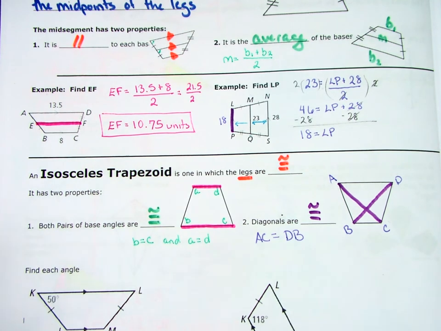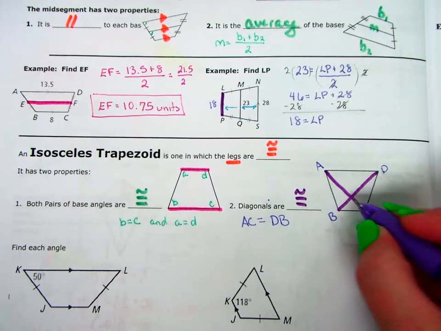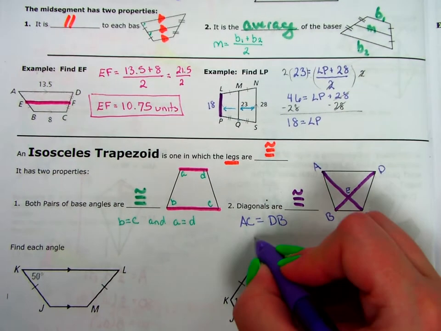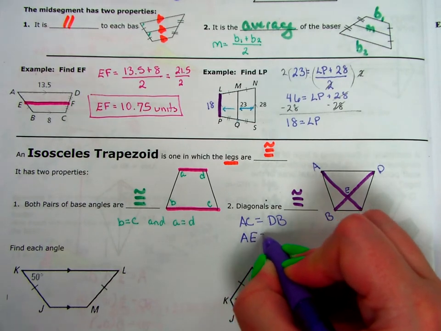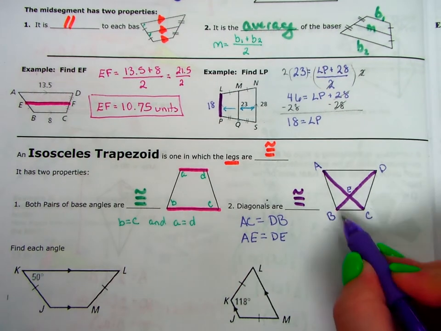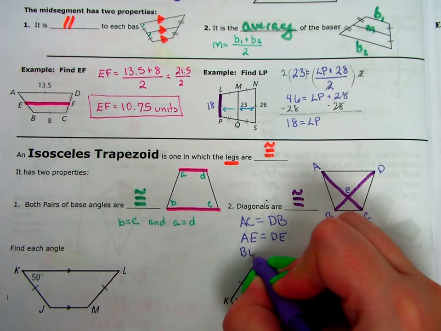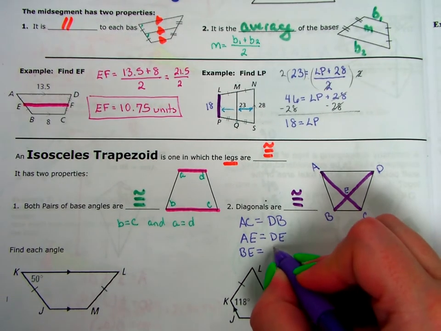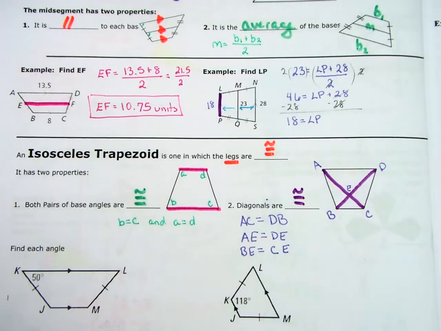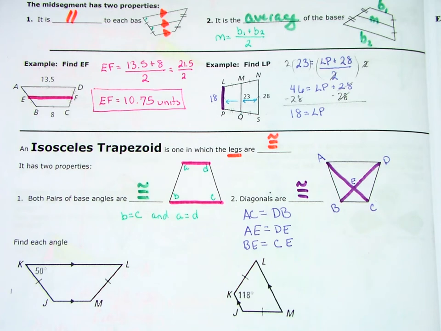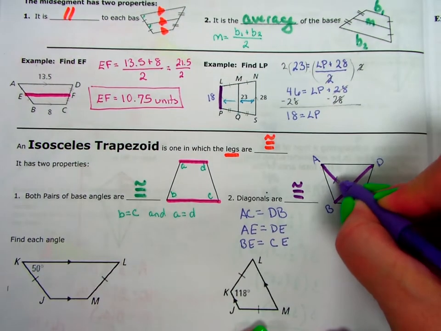Okay. Also, they're divided kind of proportionally, not a specific ratio, but you'll also find if you were to put a letter in here, let's say E, we would find that A to E is equal to D to E, and B to E will be equal to C to E. Which tells me I'm going to end up with isosceles triangles coming from each base.